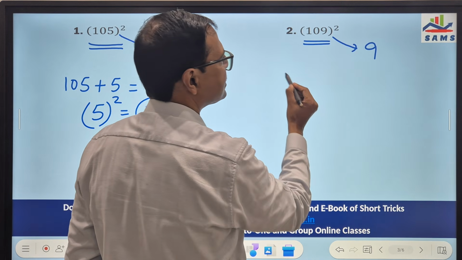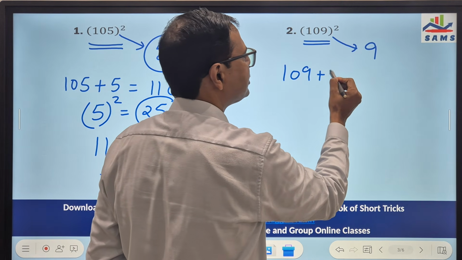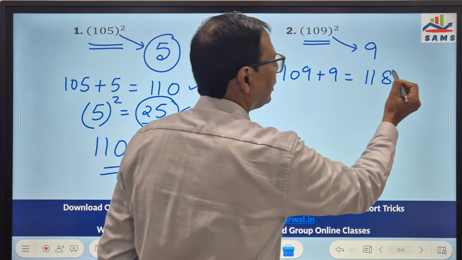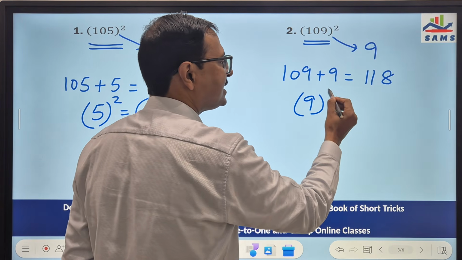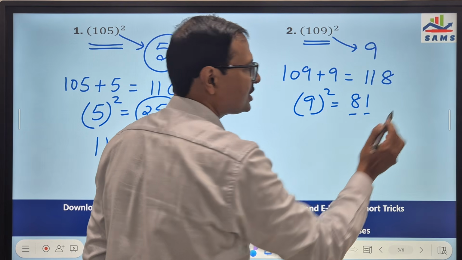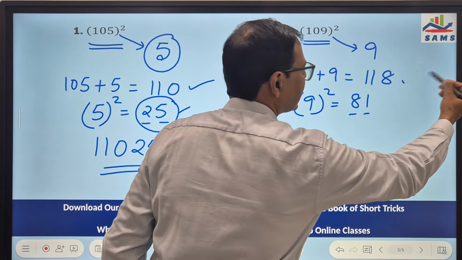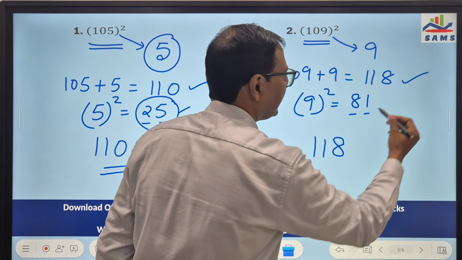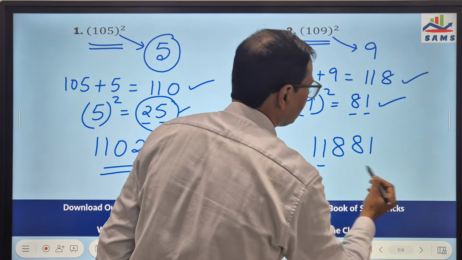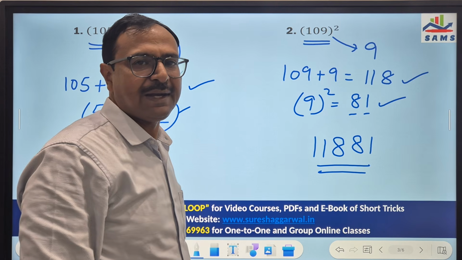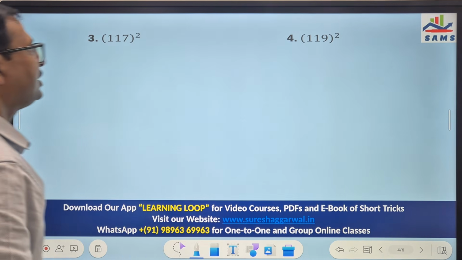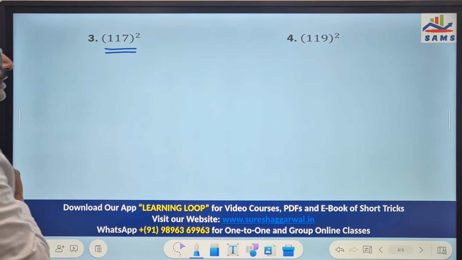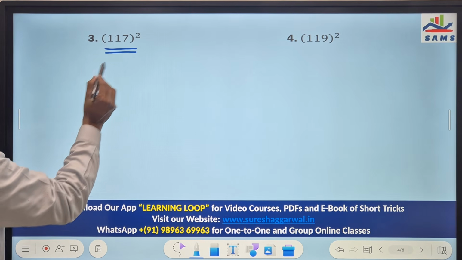When you add like this, 109 plus 9 is 118, and because 9 square is 81 and it has 2 digits only, just write 118 and then suffix 81 to that. You have the answer 11881.